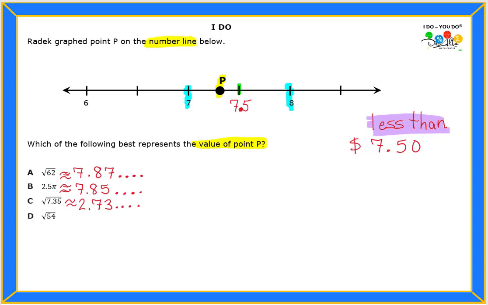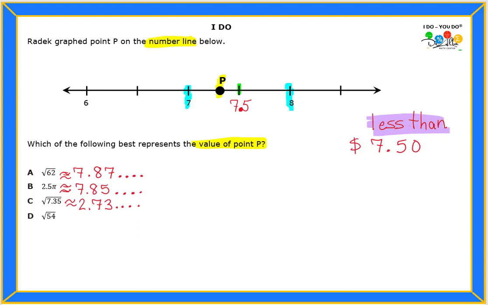Those dots mean it keeps on going and going, right? Okay, is that more or less than $7.50? That's less, right? But I'm looking for less than $7.50, but more than $7. Do you see my blue lines? So that's more than $7, but less than $7.50. So that's like way, way too little.